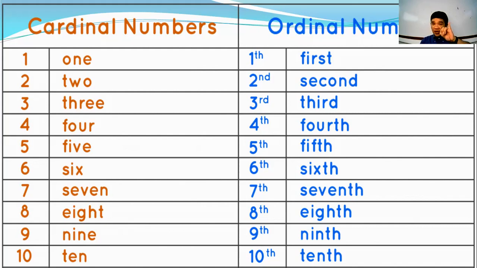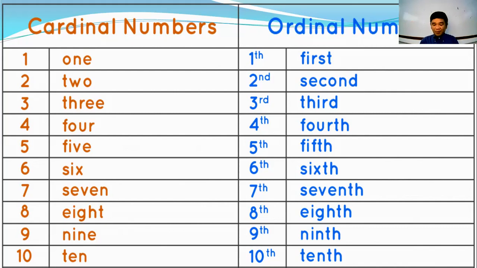Number 1, first, second, third, fourth, fifth, sixth, seventh, eighth, ninth, and 10th. Again, ready? 1, 2, 3, go. First, second, third, fourth, fifth, sixth, seventh, eighth, ninth, 10th. Clap our hands.